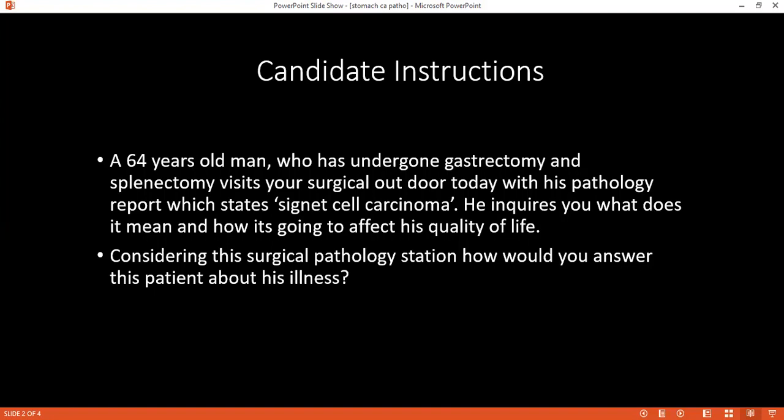That's why I interrupted you. Sorry. Gastric carcinoma normally presents with paraneoplastic conditions. Can you mention a few? Acanthosis nigricans, and dermatomyositis. Okay, good.